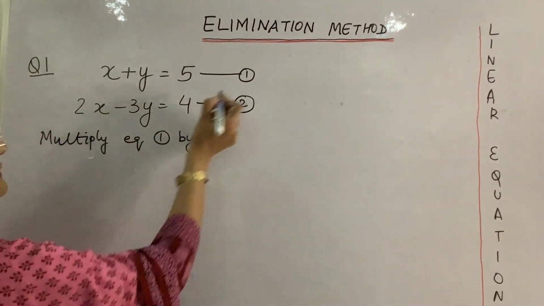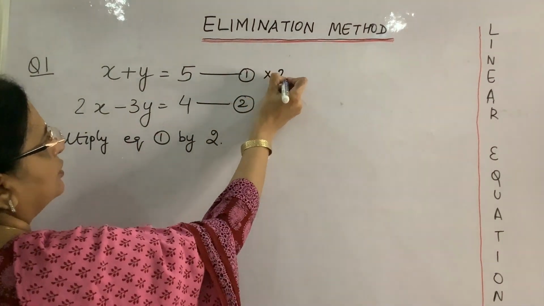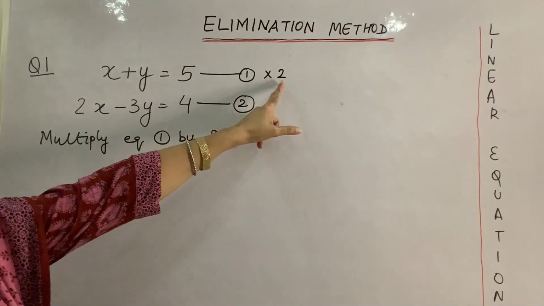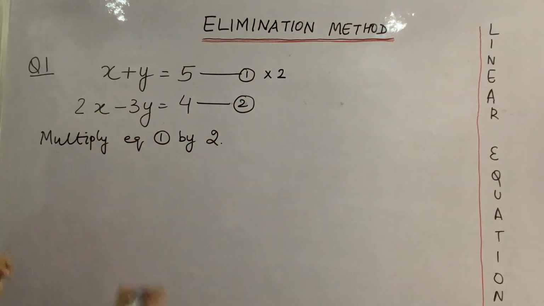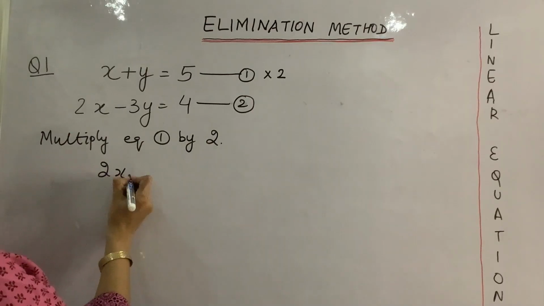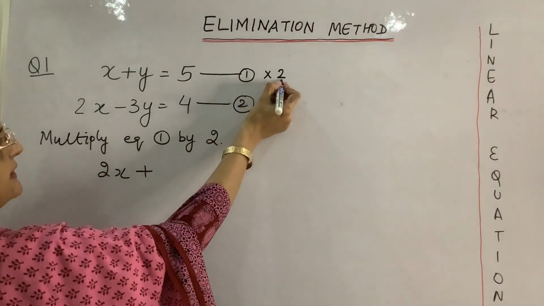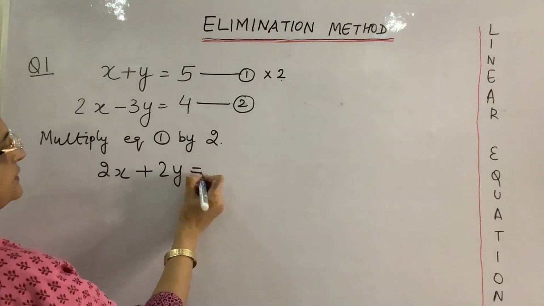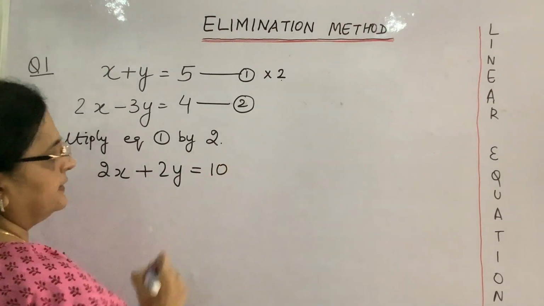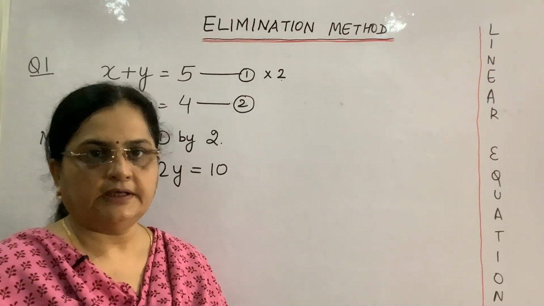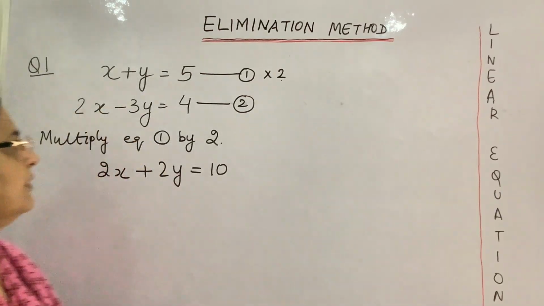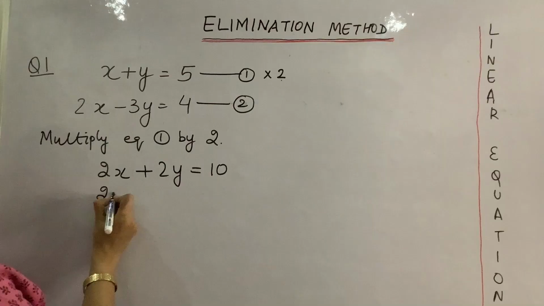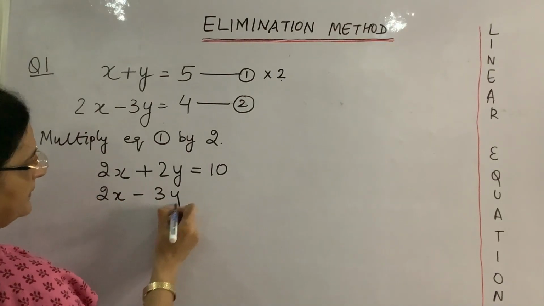So multiplying this equation by 2, what do you see? 2 into x is 2x, plus 2y is equal to 5 twos are 10. Is this clear? What about the next? Copy the second equation as it is.